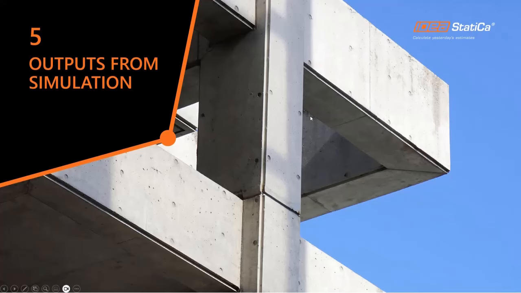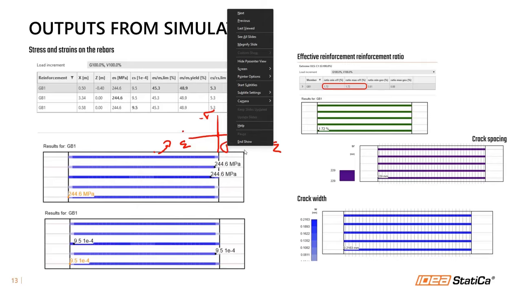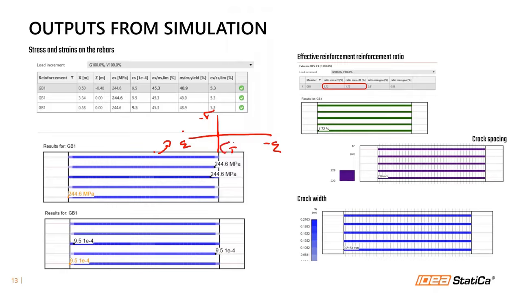And what are the outputs from the simulation? If you just start off the simulation, you will receive stresses that are uniformly distributed over the height of the section to all reinforcement rebars. There is just the basic assumption of the material diagram for concrete, here is minus epsilon, minus sigma, here is epsilon and sigma tension.